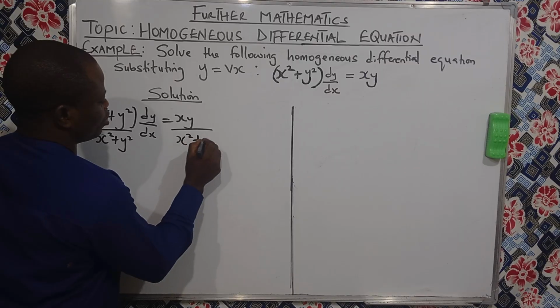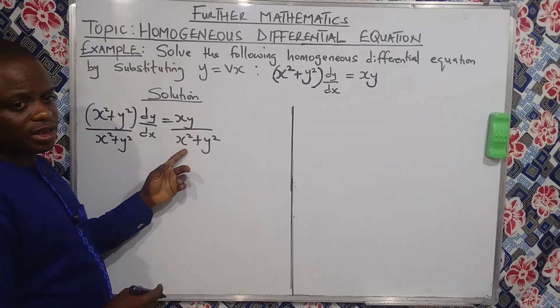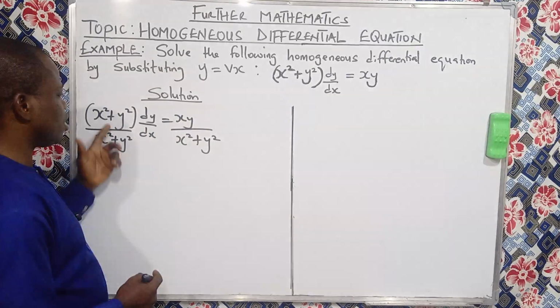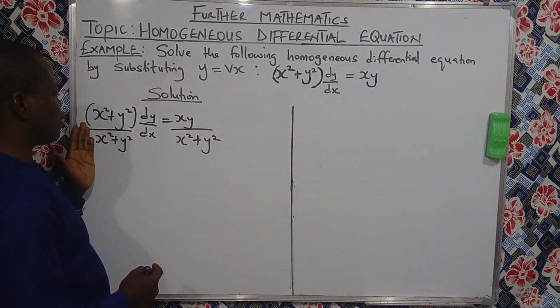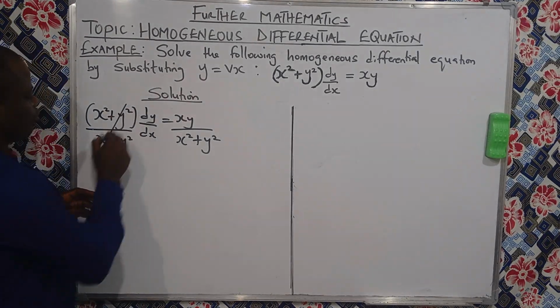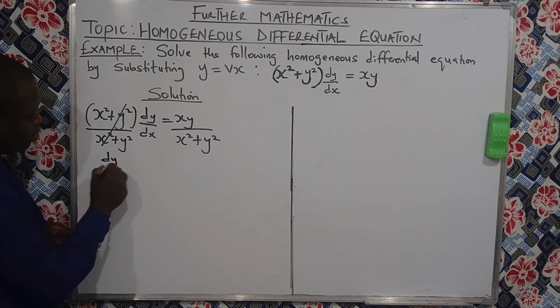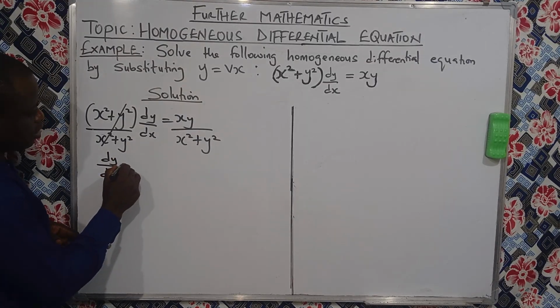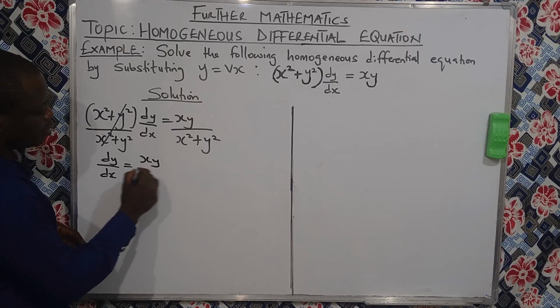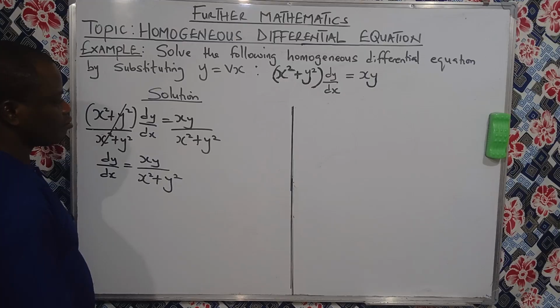Whatever you do to the left hand side, you do to the right hand side so that you can cancel the expression close to dy over dx. It just cancels out. You are left with dy over dx equals xy over x squared plus y squared.